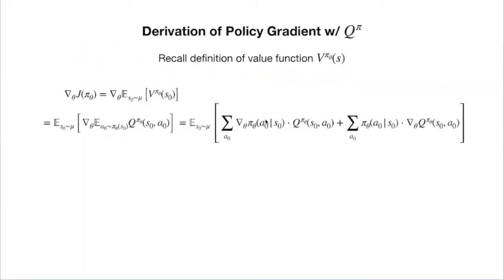And if you apply the product rule, this is what you get. Right? So let's just go slow. Let me derive this step. I'm just writing the expectation using summation. Apply this product rule.